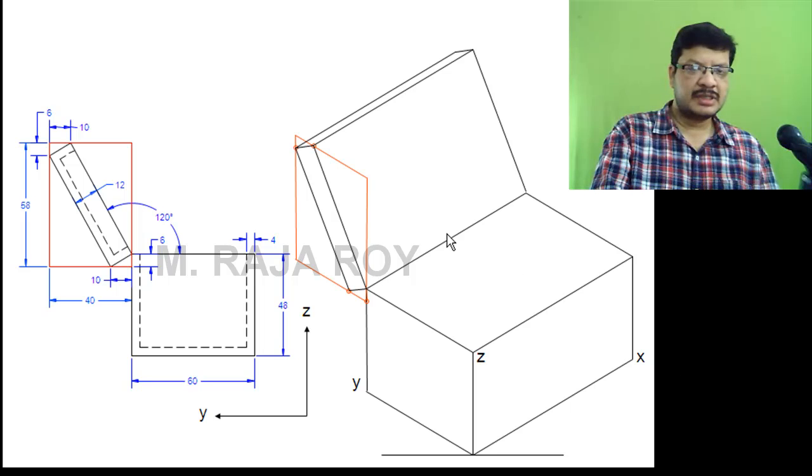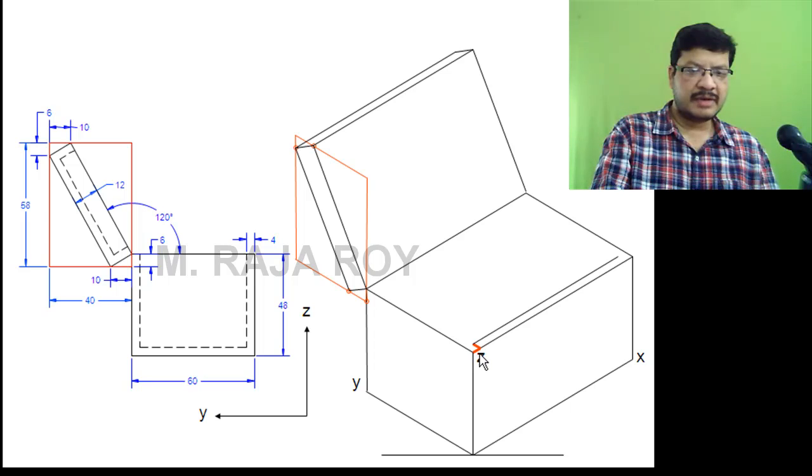Now box and lid portion is ready, but this is a hollow box made up of 4 cm thick flank. To represent that hollow portion, from this corner you take 4 mm distance like this along x-axis. Then along y-axis also you take 4 mm distance. After that draw a line like this. This line length will be, total length is 90.